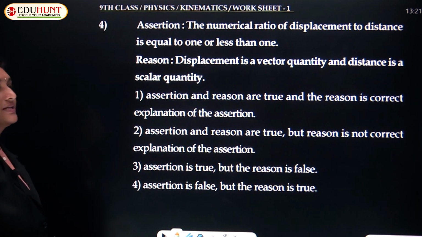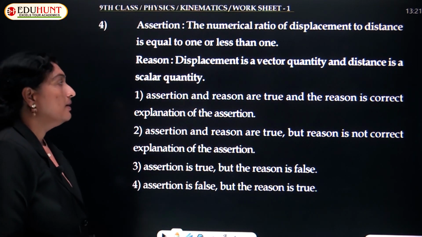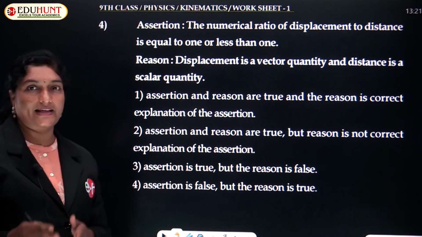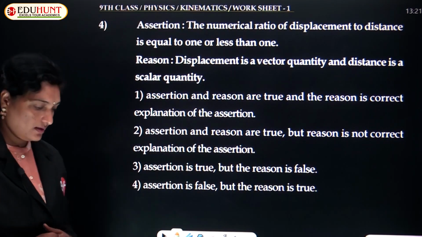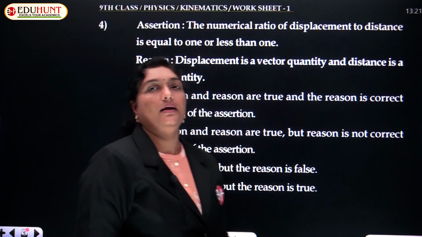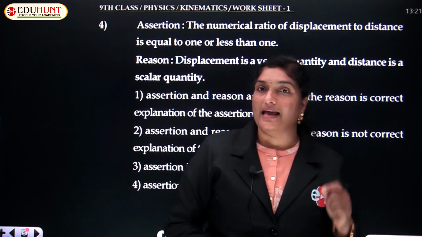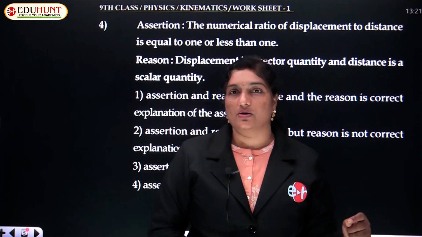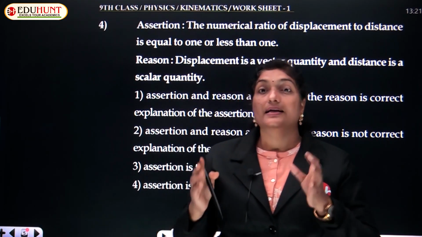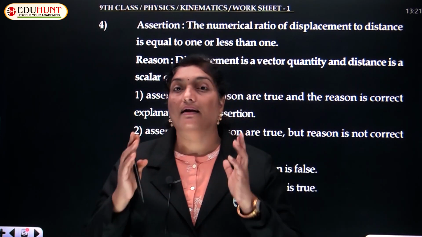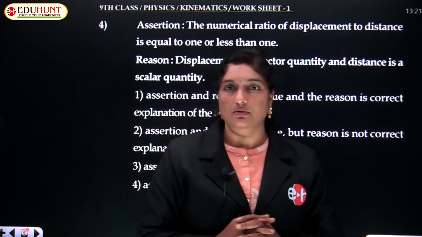Moving ahead with the next question, the fourth one, assertion. The numerical ratio of the displacement to the distance is equal to 1 or less than 1. So, children, as we know, displacement can be negative, 0 or positive, but distance is always positive. That means distance can be greater than or equal to displacement.